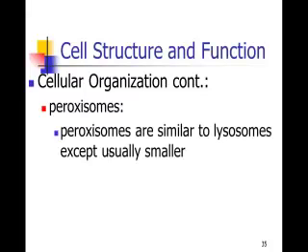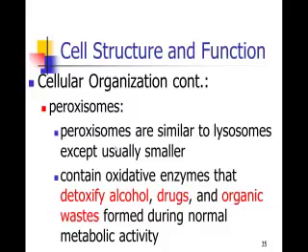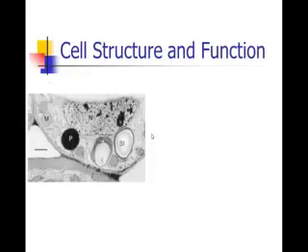Peroxisomes, they're sort of like lysosomes except they're smaller, and they have specific enzymes that have a couple of really important functions. One is they detoxify alcohol, they detoxify certain kinds of drugs, and also some organic waste. And these wastes are formed during normal metabolic activity, and the peroxisomes allow us to make them less harmful, and we can usually get rid of the material that is the result of that breakdown.